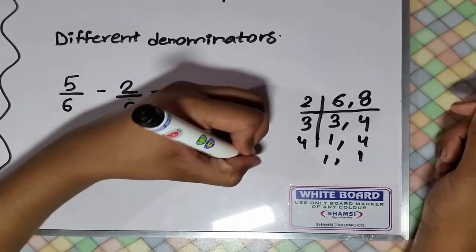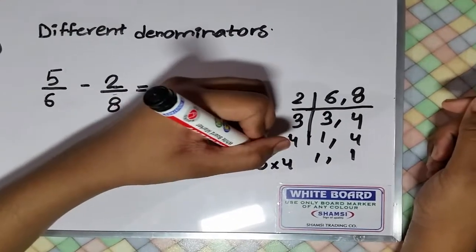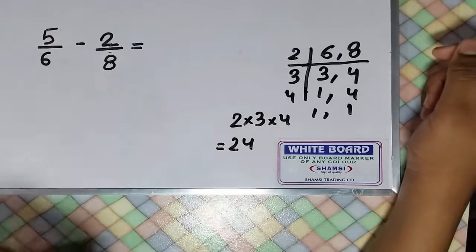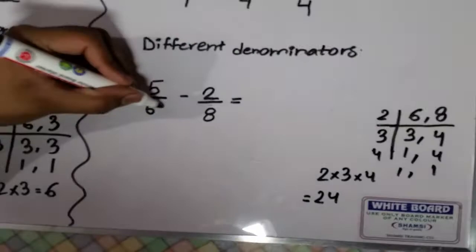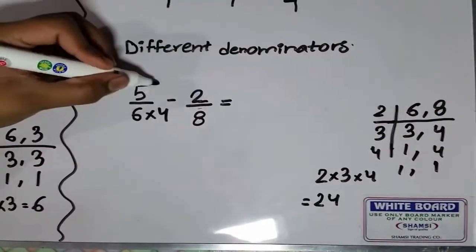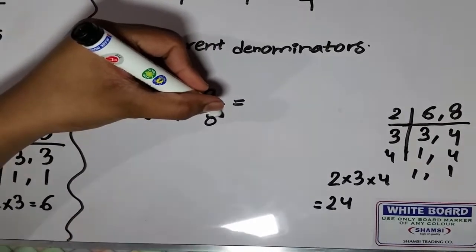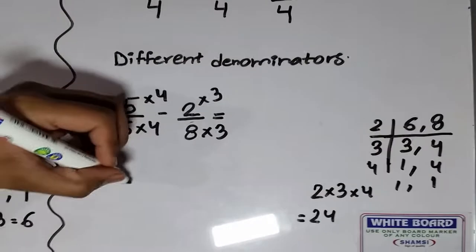Now we are going to multiply them. So 3 2's are 6, and 6 4's are 24. So we need the denominator to be 24. So we are going to multiply 6 with 4, and the numerator will also be multiplied with 4. Then we multiply 8 with 3, and its numerator also with 3.